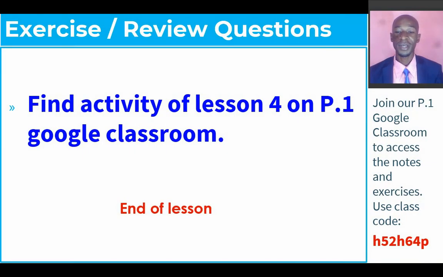We have Google Classroom for primary 1. And how do you join? You join using the class code below. This class code here is the one that you can use to join our P1 Google Classroom, where there is activity. Actually, let me wait for your answers.